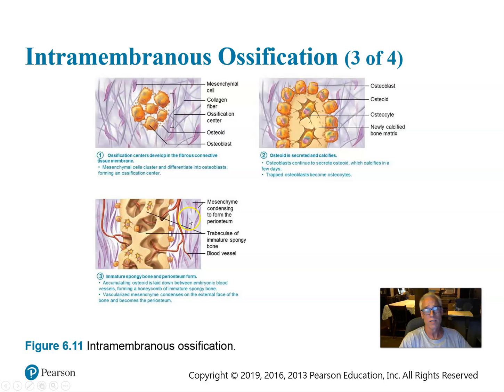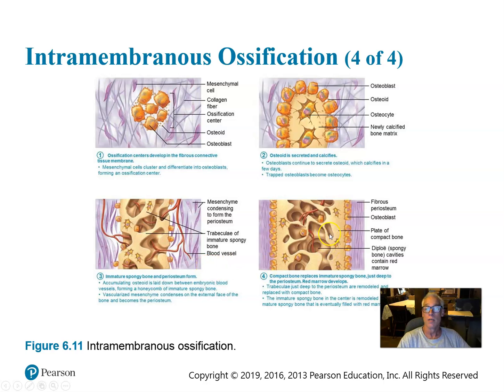The fibroblasts, I should say mesenchymal cells, begin to multiply and form a denser type of fibrous connective tissue on the surfaces, which turns into the periosteum. That's that leather-like jacket we said is on the surface of bones. Ultimately, that periosteum matures, and osteoblasts and osteoclasts remain under the surface of the periosteum.